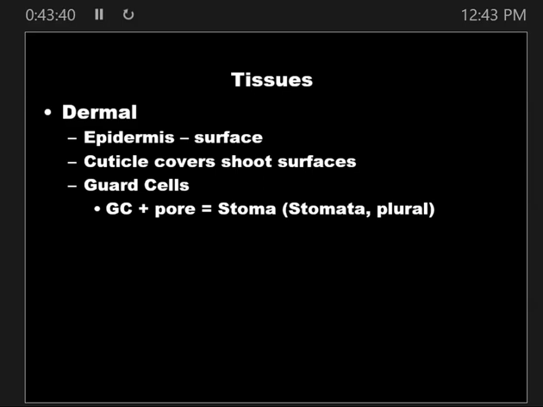And those guard cells are capable of movement to either reveal the pore or close over the pore. And they have really fine-tuned control of their guard cells. Like, how much should I reveal the pore? Should I just reveal the pore 10% open, 50% open, 100% open?